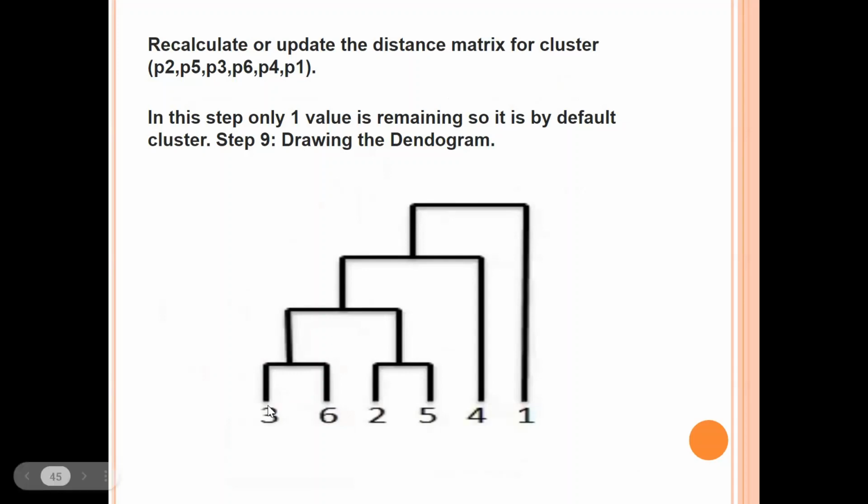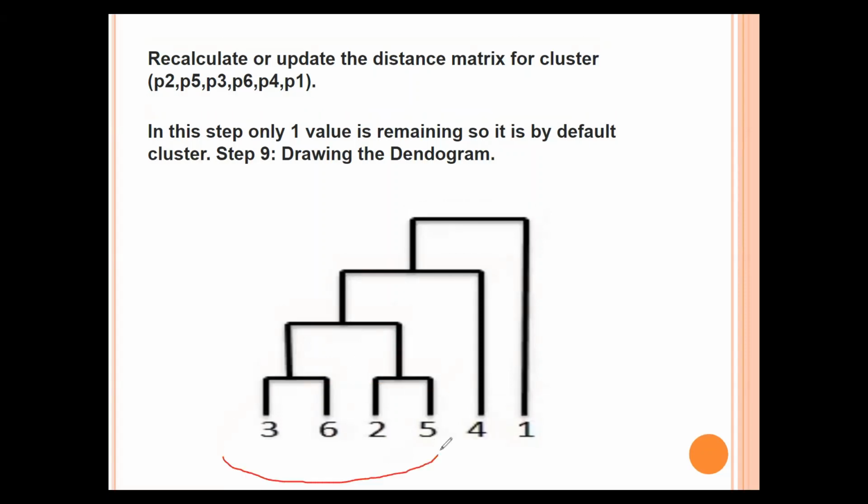My first pair was P3, P6. My second pair was P2, P5. Then my third pair was P3, P6 with P2, P5. You can see this branch, and then P4 was added to this cluster.